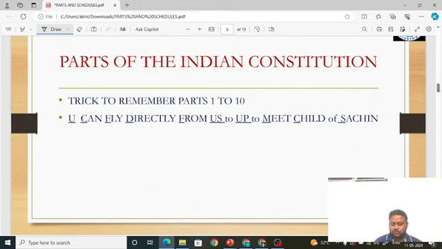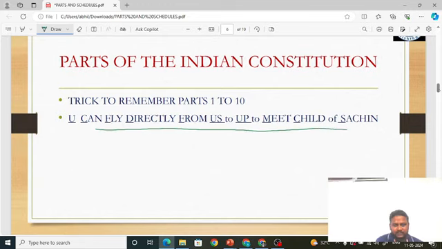Okay friends, so what is the mnemonic that we are using? You can fly directly from US to UP to meet child of Sachin. Here I am underlining certain things.